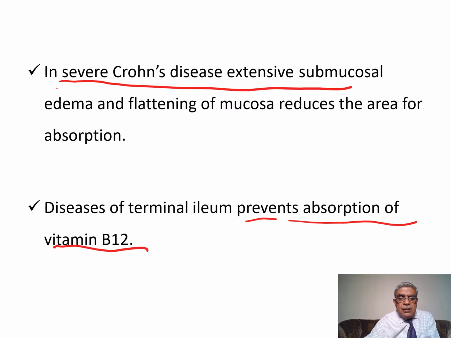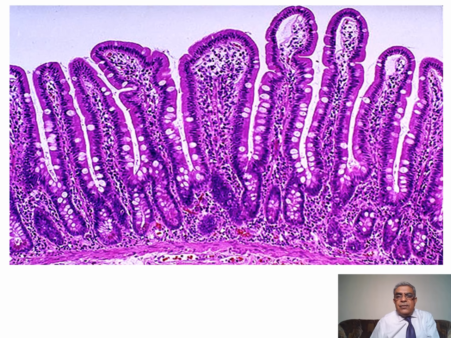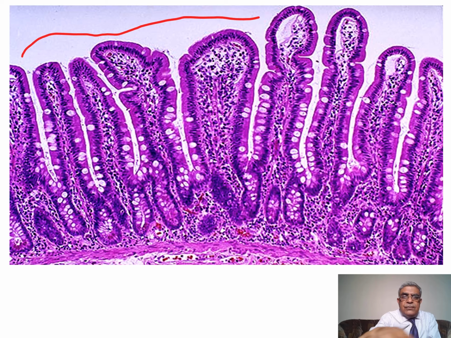Now, here is the microphotograph which shows that there is mucosa of the small intestine thrown into finger-like processes, resulting in the formation of a large area of absorption of the nutrients of the digested food.